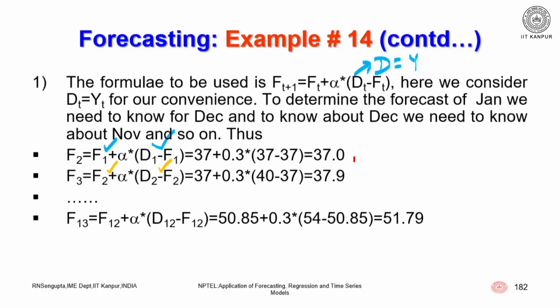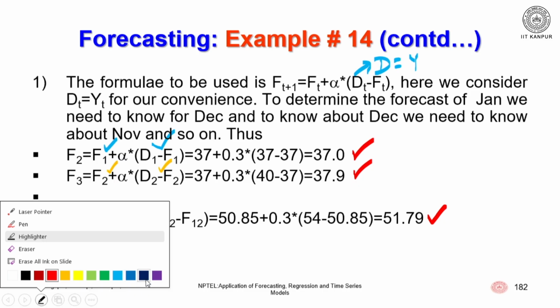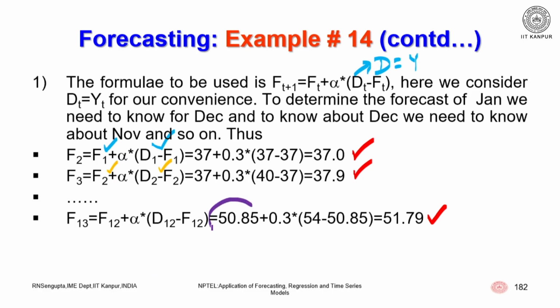Here we are using F1, D1 equal to Y1, all the values are the same. When you do the calculations, F2 is 37, F3 is 37.9, and the calculation is done till the last value, F13, which is 51.79. Here is an important fact: the value which I am trying to mark in violet, this 50.85, would be F12.